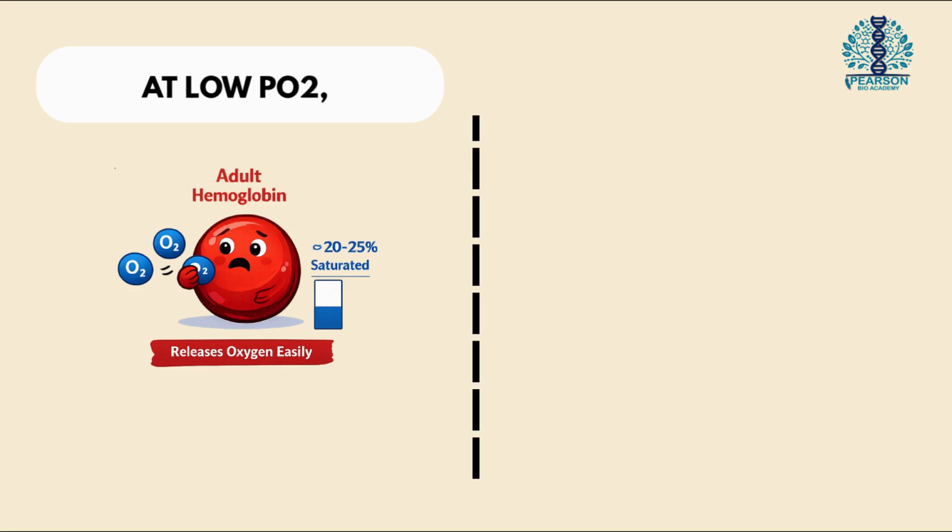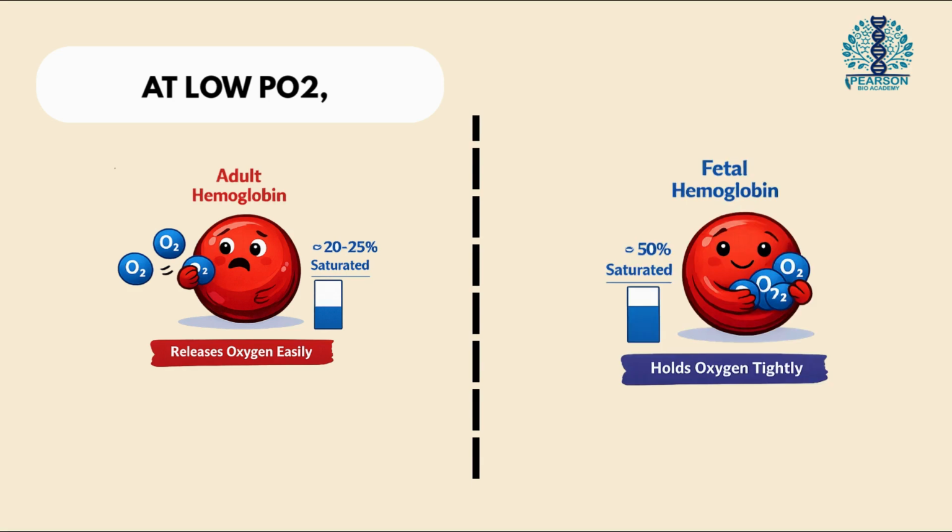Because it has lower affinity at this lower partial pressure compared to the fetal hemoglobin. So it releases oxygen more easily because it can hold only less saturated. And the fetal hemoglobin at the same partial pressure might still be highly saturated, like 50 percent.